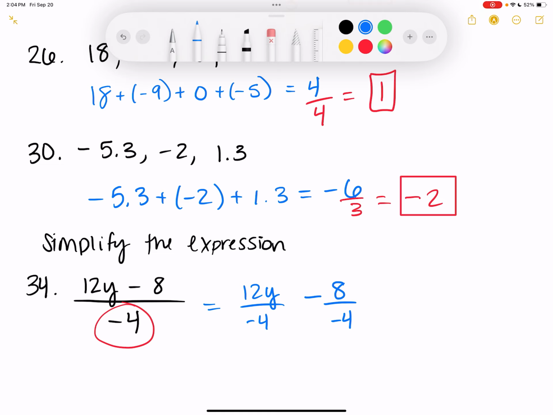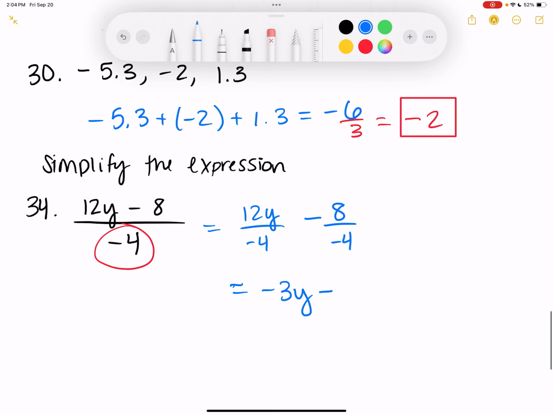Negative 3y. What do I get if I do negative 8 divided by negative 4? Positive 2. They're both negative, so negative 8 over negative 4 would be a positive 2. So the answer would be negative 3y plus 2.